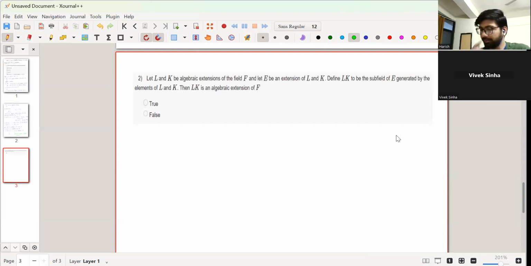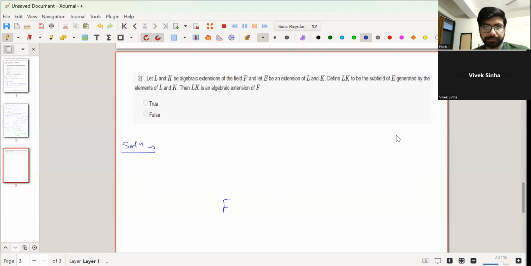Let me brief you the story here. So you have fields L and K, which are algebraic extensions of the field F. You have F in the bottom.